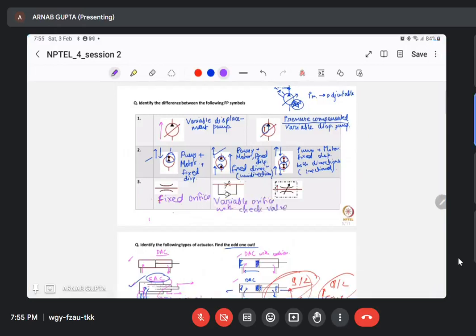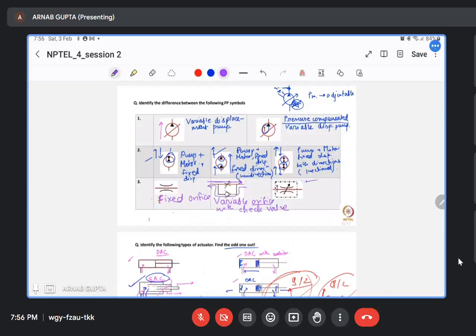So what it does is, if we are allowing the flow from this direction, then it is a metering flow that flows through this orifice. But when the flow is happening in the opposite direction, then it can flow through this line because this is the least resistance path.